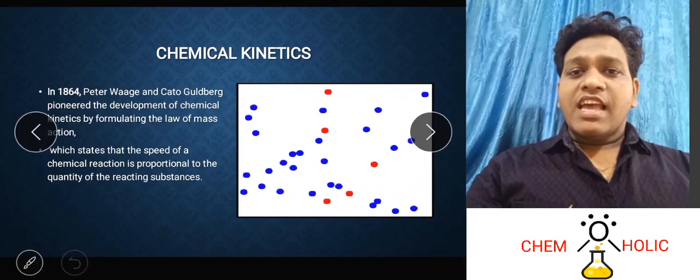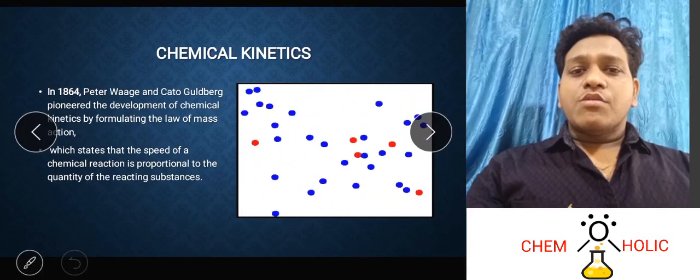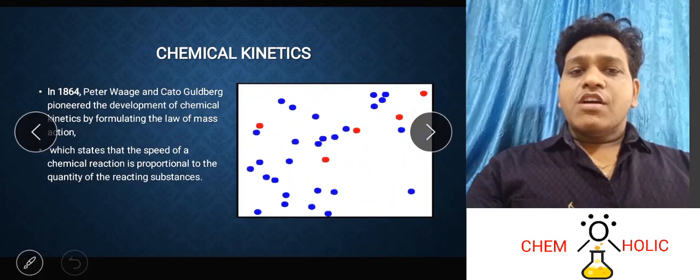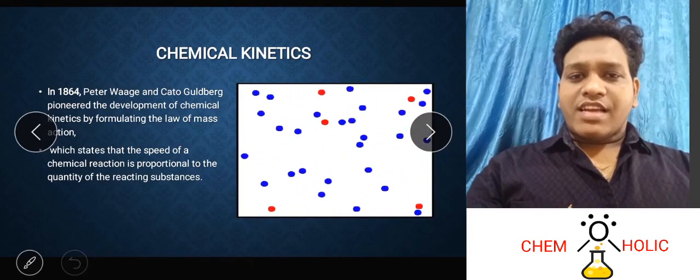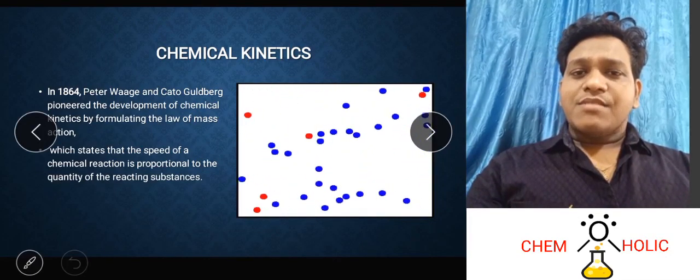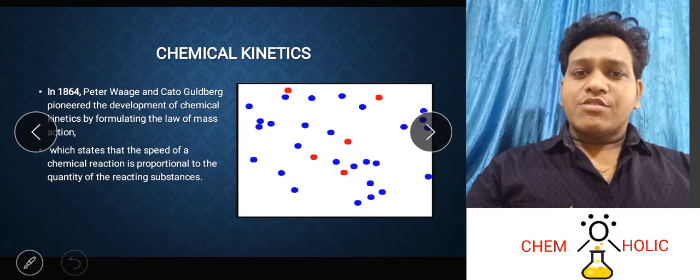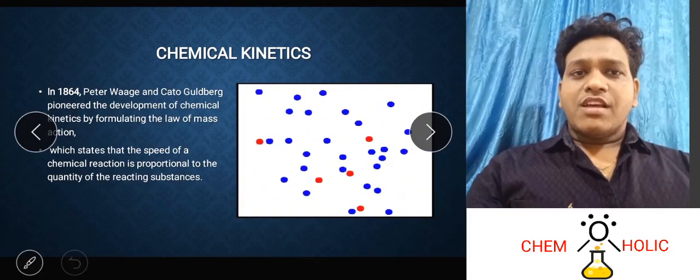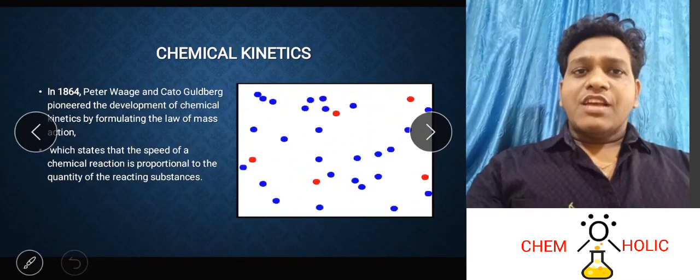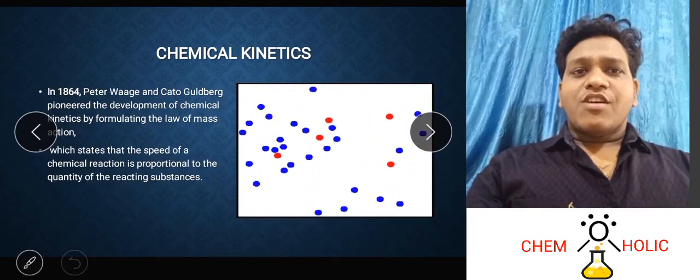We can say the amount of substance undergoing reaction is directly proportional to the speed of reaction. It means the more substance is reacting, the more the speed. They concluded that on the basis of the law of mass action, and so they defined the word chemical kinetics.